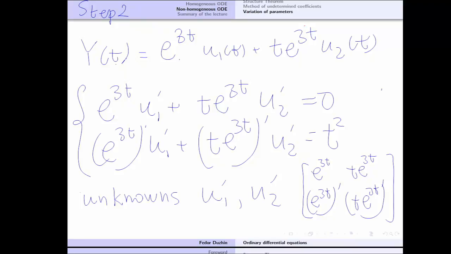But if you look at it, you will see that this is precisely the Wronskian of e to the 3t and t times e to the 3t, and the Wronskian of two linearly independent solutions of a second order differential equation is, of course, not going to be zero. So we had this theorem last week. Therefore we know for sure that this system of equations with unknowns u1 prime and u2 prime always has a unique solution. So the question is to find this solution.